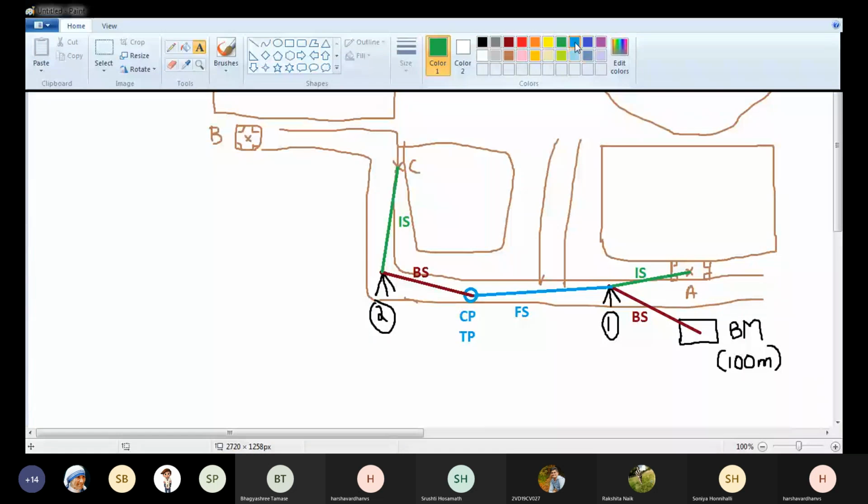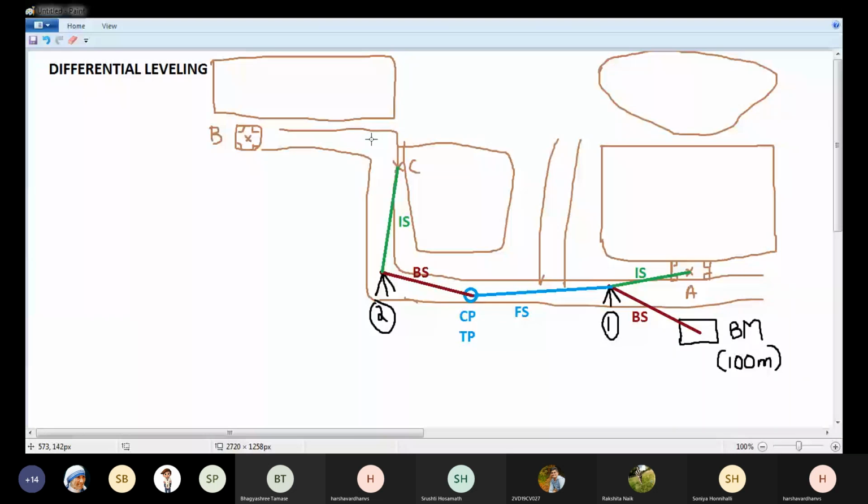Now I have to choose a change point. Let's say I'll choose my change point here, so that I'll shift the instrument and I can take the staff reading at B. So this is my second change point. I'm taking the change point near the library. Change point 2. This was change point 1 or turning point 1. I'll take a staff reading on the change point.